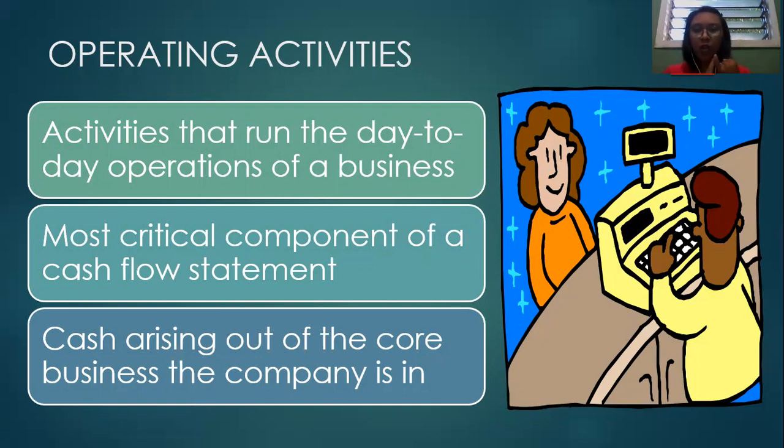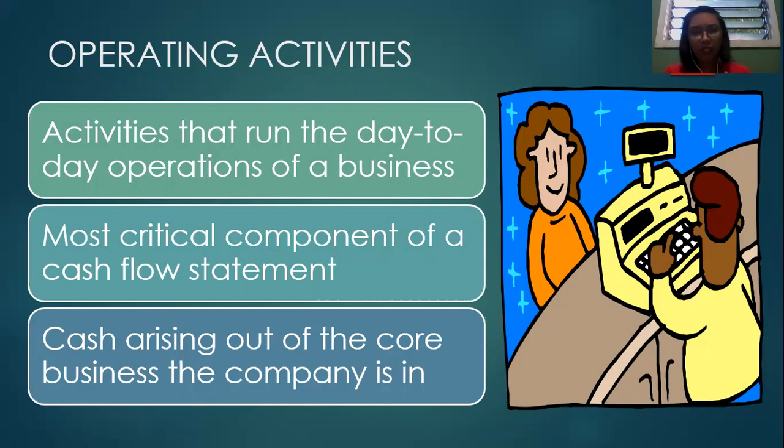If you are buying inventories, then that will fall under operating activities. If you are buying office supplies, then still it's under operating activities. If you are paying for the rent of the store you are in, then that falls under operating activities since it's an expense.